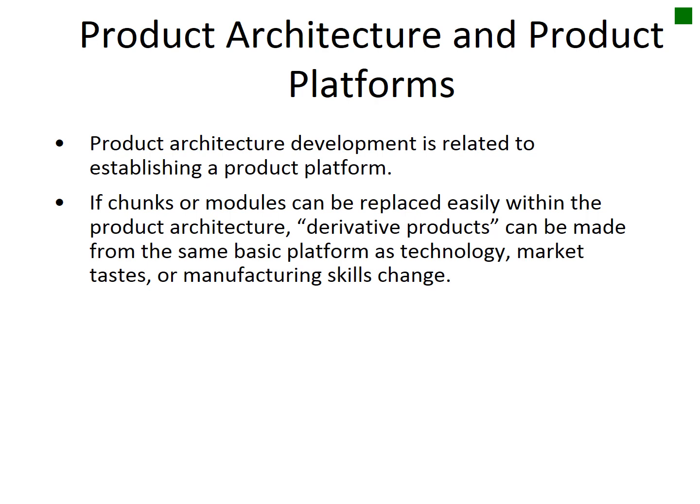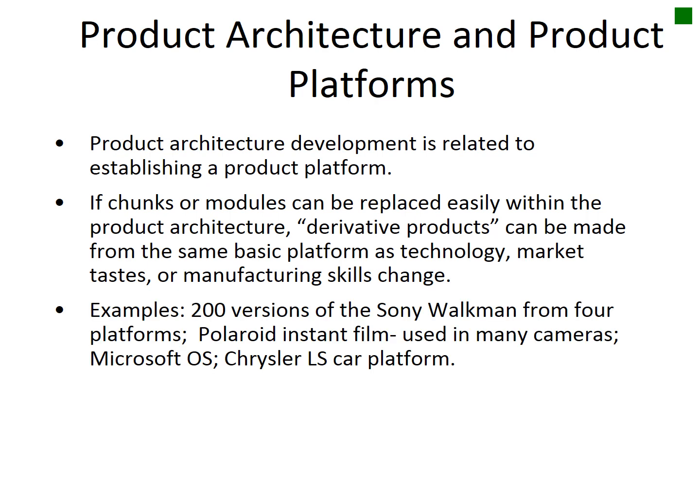For the plane example, I could upgrade the cockpit and add some new features to it, but the plane will essentially be the same for the rest. But the cockpit will be updated, so I can maybe give it a new name and a new price tag, and I can go to the market with a new product because that one component was changed. But if you think about it, my cost associated with creating that new product is only minimal because I'm only changing one version or one element of the product.